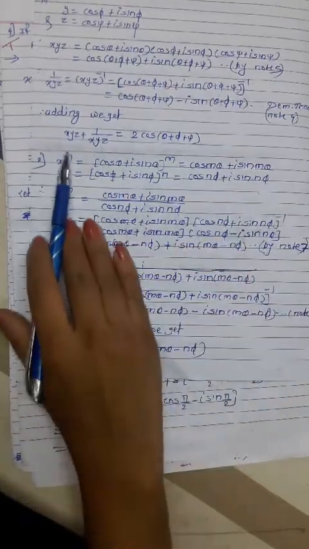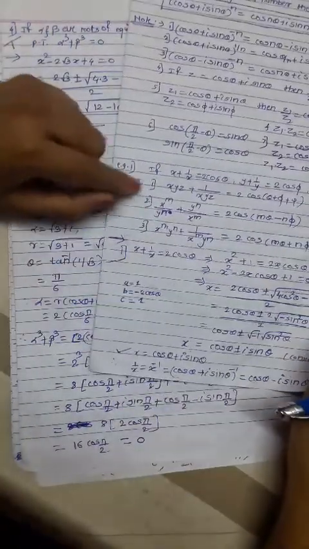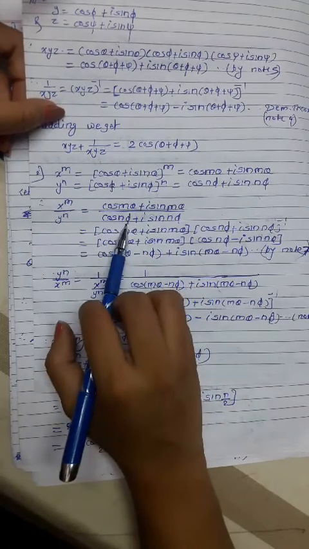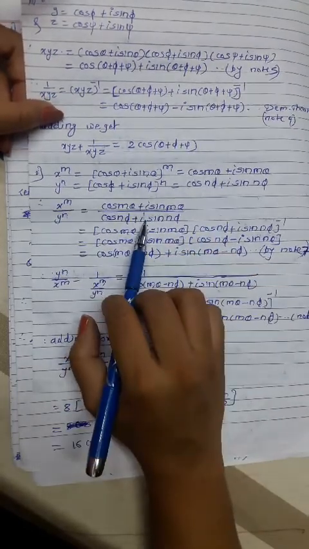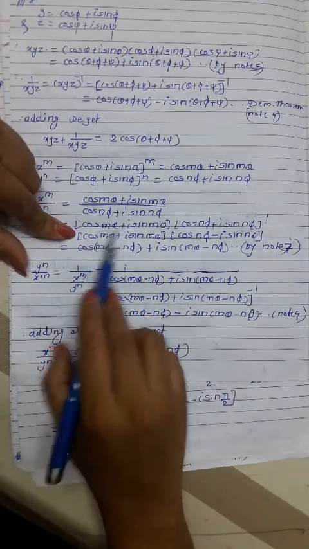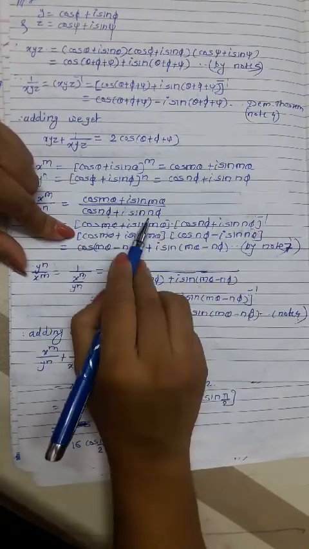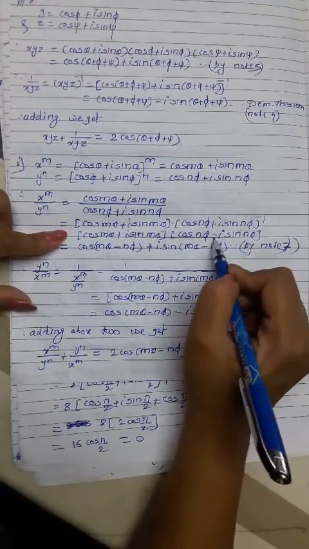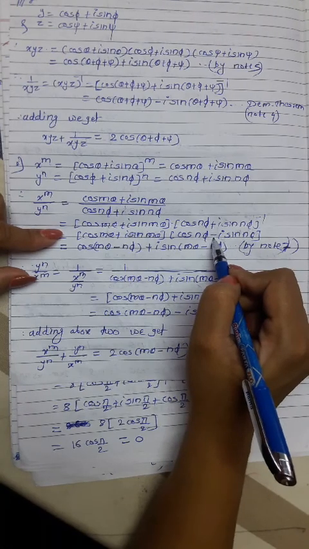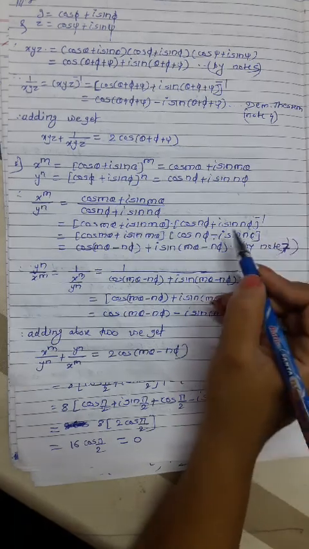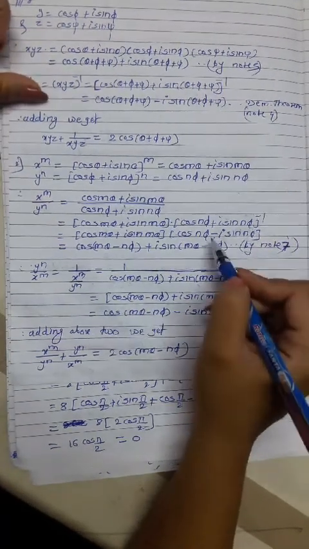Okay, these two we just found. What do we have to prove? Just take the expression x raised to m upon y raised to n, which is equal to this divided by this. Now take this on the upper side: the numerator as it is, into this term raised to the inverse. By De Moivre's theorem, for minus 1, the middle sign changes, so minus I sin.